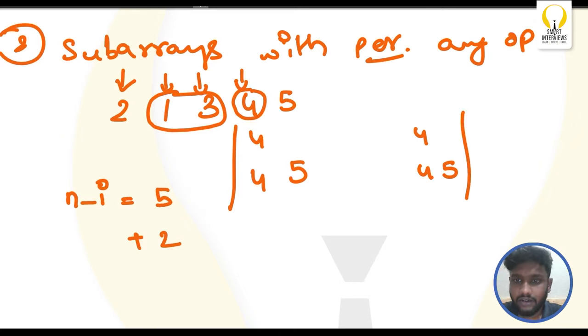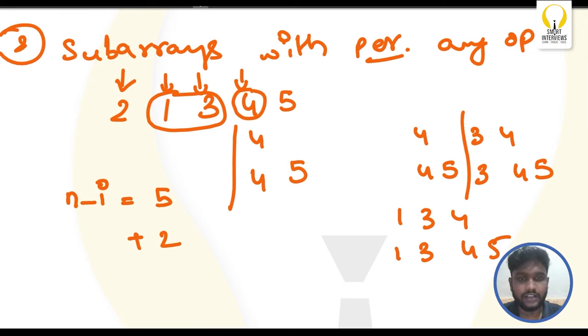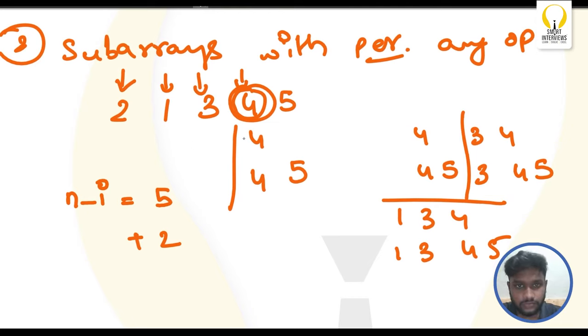Similarly, I'll have two subarrays, 3 4 and 3 4 5. Similarly, I'm going to have subarrays 1 3 4 and 1 3 4 5, right? Because 4 is an even number, all the subarrays starting from earlier odd elements also contain an even element. So can I say this is simply the number of subarrays starting from the even element?